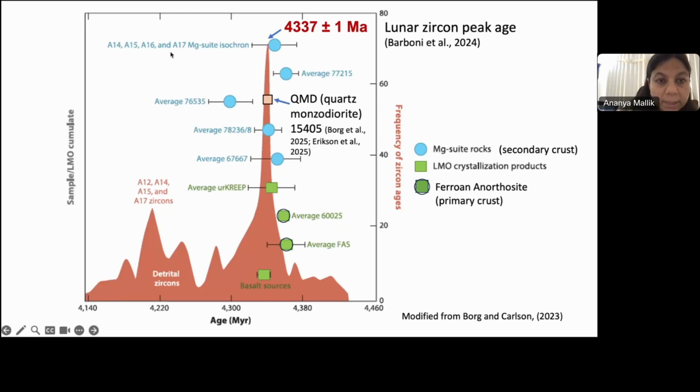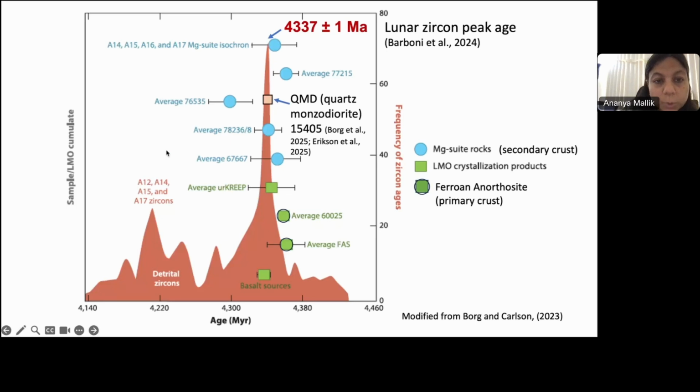And then all these other lithologies, so these blue circles here are Mg suite rocks, which we think represent the secondary crust. And then there's this one pink square, which is a quartz monzodiorite clast that was recently dated. And then we have all these other green lithologies that we think crystallized from the magma ocean.